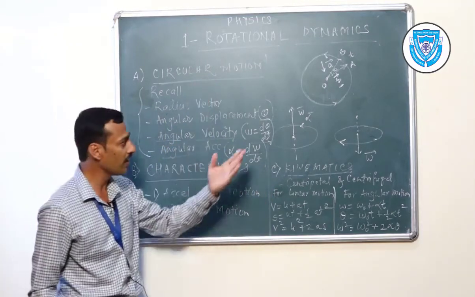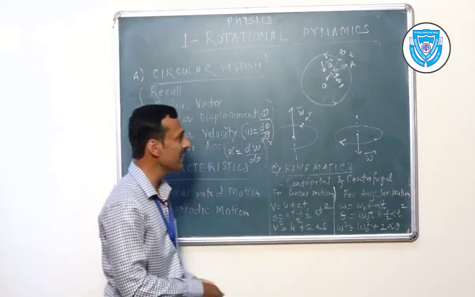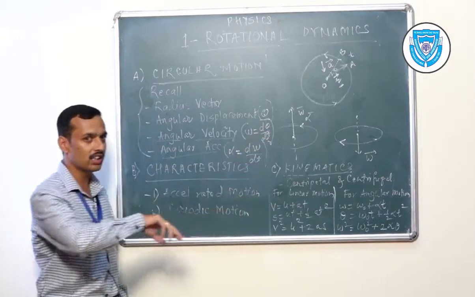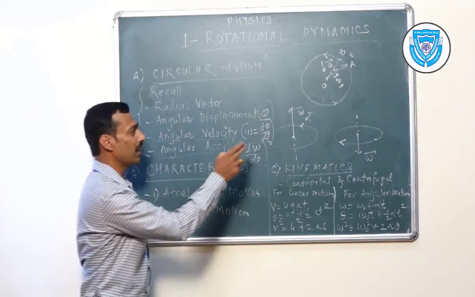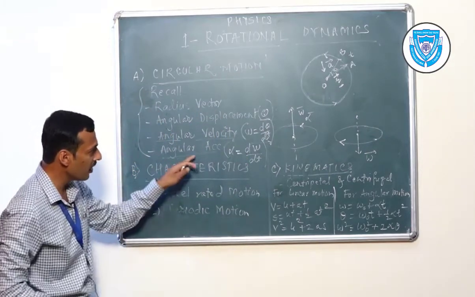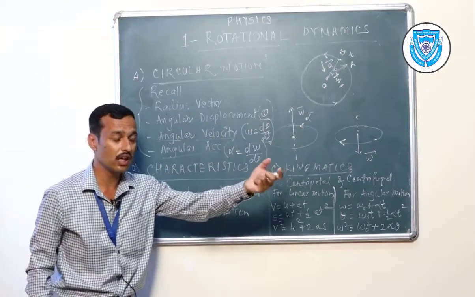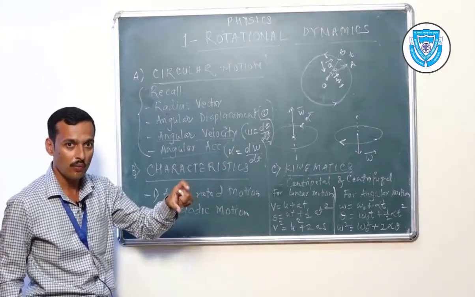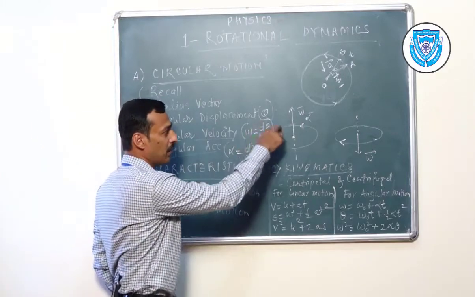But if the angular velocity is decreasing, then the direction of angular acceleration is opposite to that of the angular velocity. I repeat, angular acceleration has the opposite direction to the angular velocity when angular velocity is decreasing with respect to time.